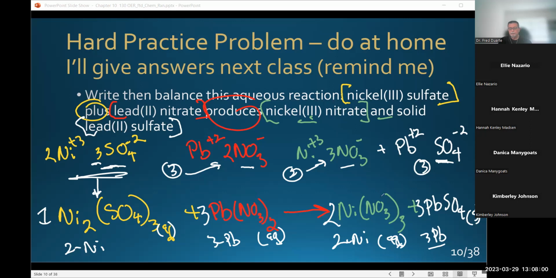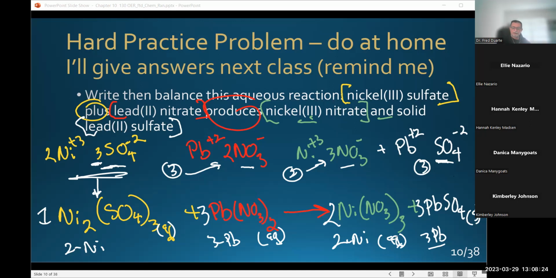So I needed a 3 because I had 3 sulfates on the left, and I needed 3 on the right. So I put a 3 in front of the lead sulfate, and that balanced all the polyatomic ions. Then I went back and checked my metals, and by default, they all balanced out.